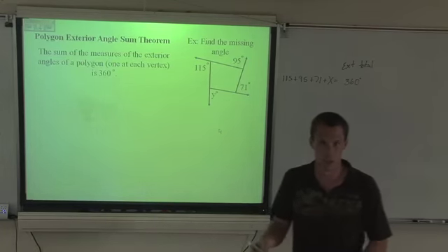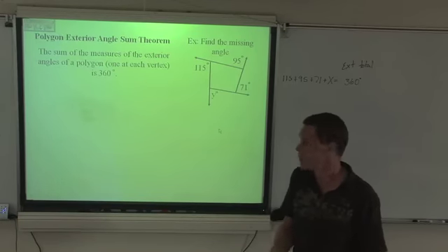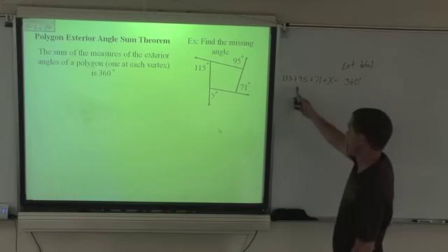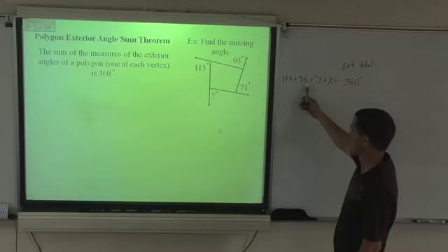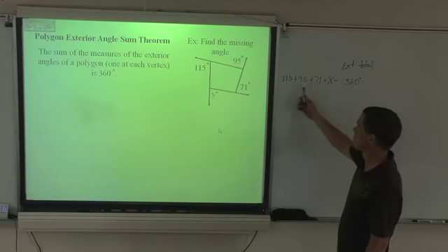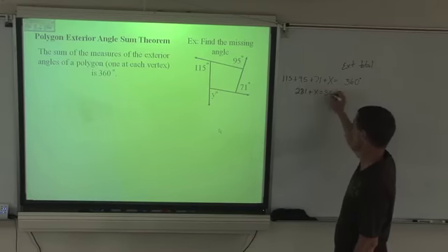Not n minus 2 times 180. It's always 360, no matter what shape. So, we've got to add these together. When we have the 115 plus the 95, we're going to have 210 plus 71. That's going to end up being 281 plus x is equal to 360.